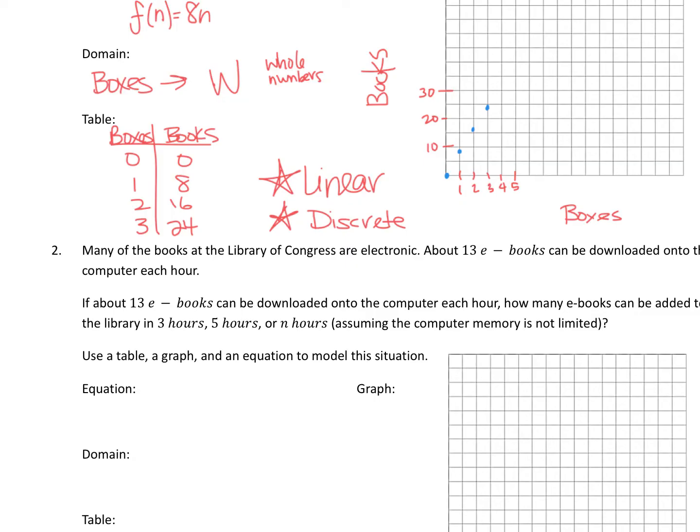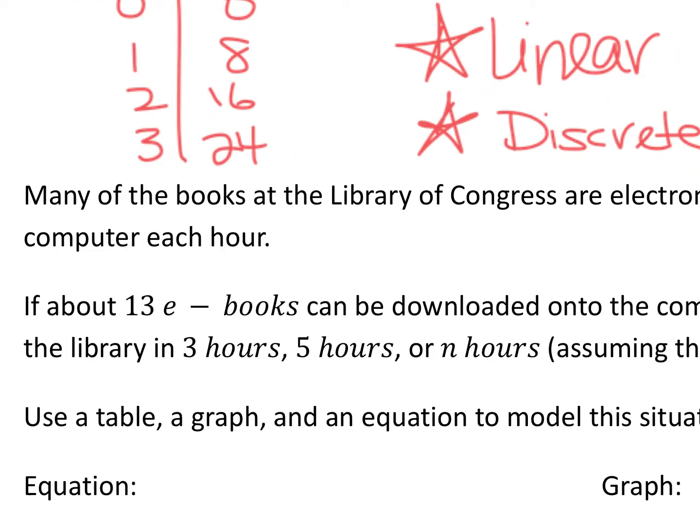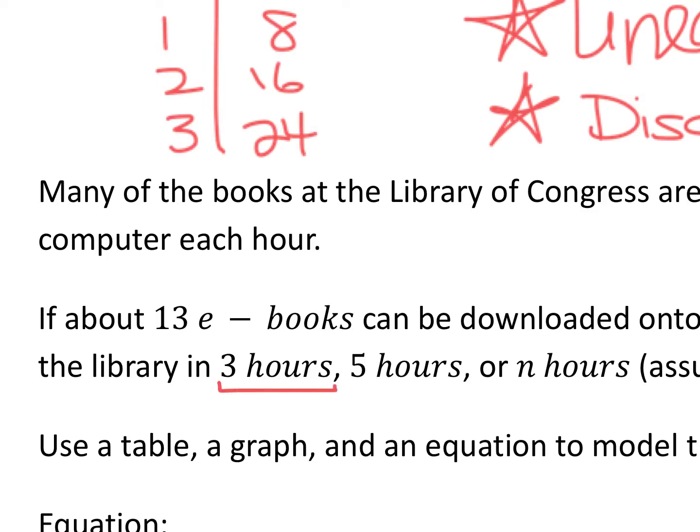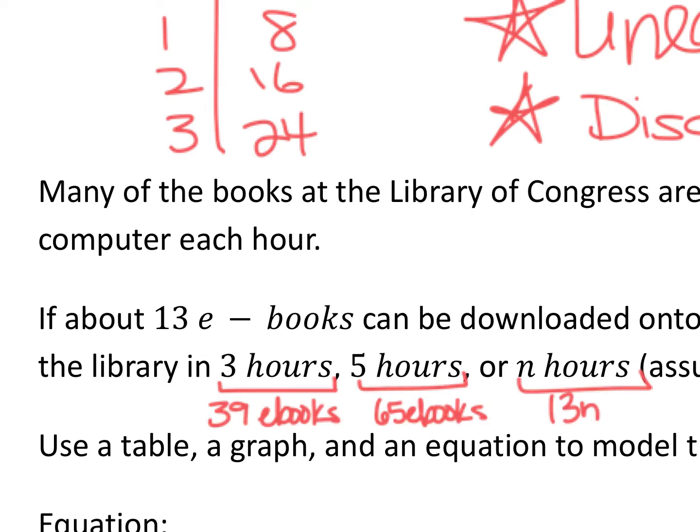All right, so let's look here at 3 hours. So 13 times 3 is 39 e-books. Okay, 13 times 5, that's going to be 65 e-books. And then for n hours, that'll just be 13 times n. So that's our equation right there.